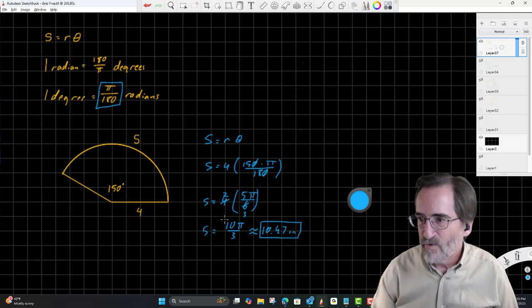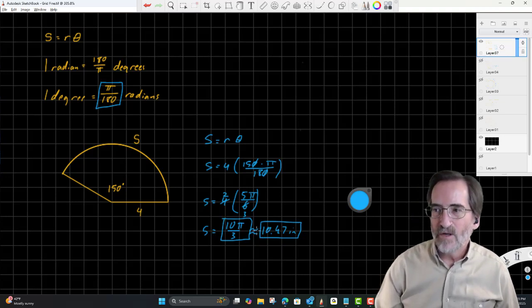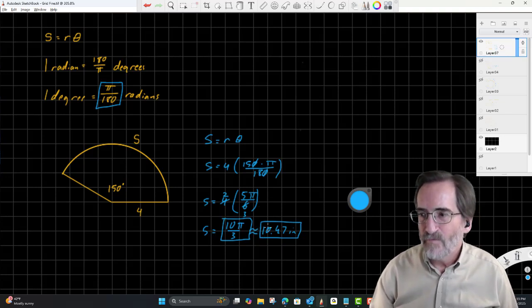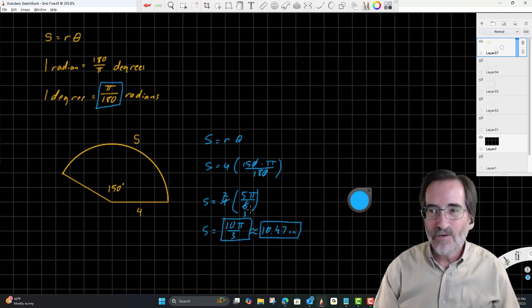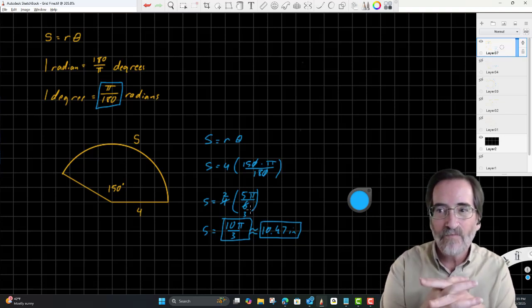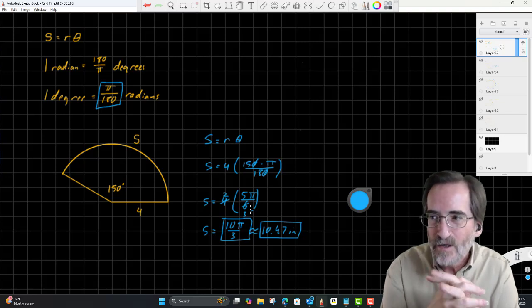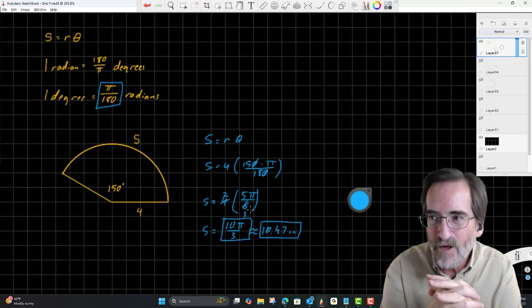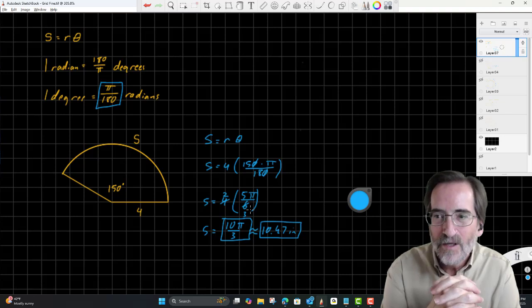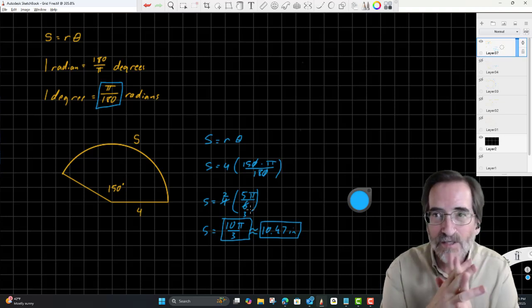Okay, 10 pi over 3 would be exact. 10.47 would be approximate. All right, so that's how to find arc length. If you're given the angle in degrees, convert it to radians by multiplying by pi over 180. If you're given it in radians, just use S equals r theta.